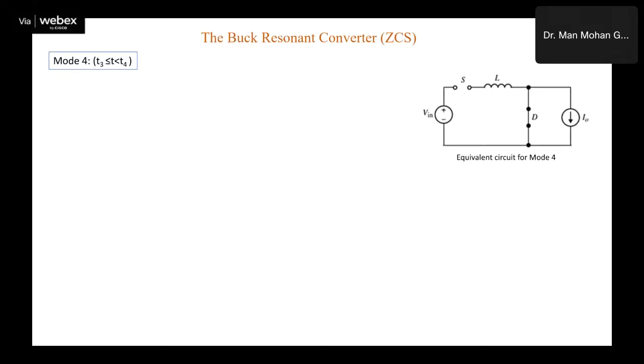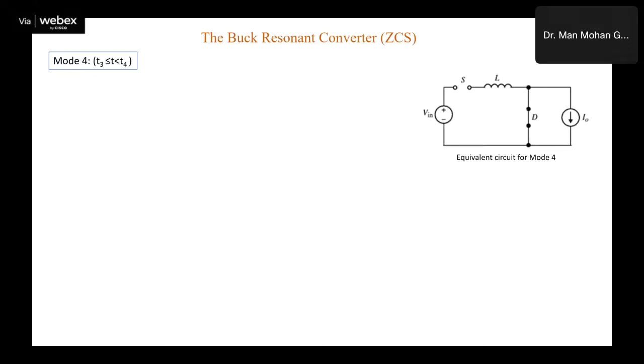And now your diode, when you turn off the switch, then diode should get turned on. But diode could be turned on only when the voltage across this becomes positive, and due to capacitor it was not happening. Now at the end of mode 3, your capacitor voltage has become 0. So this diode becomes turned on.